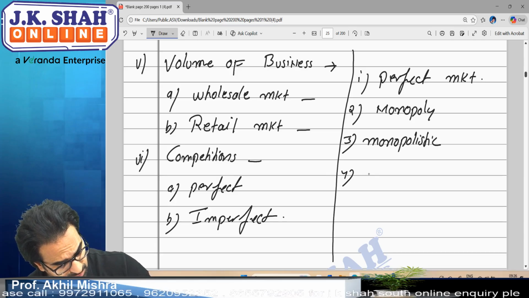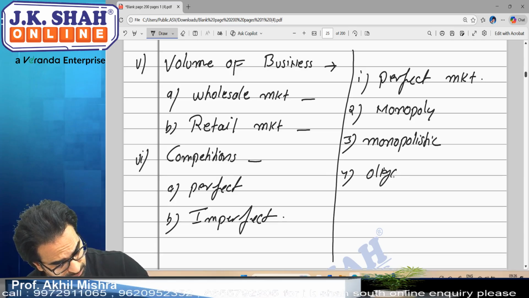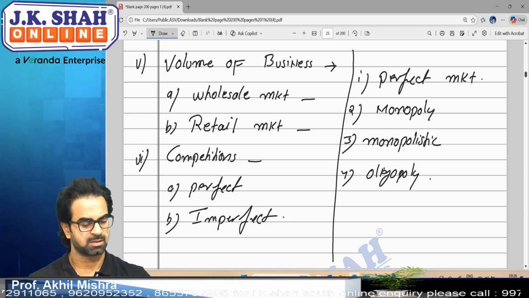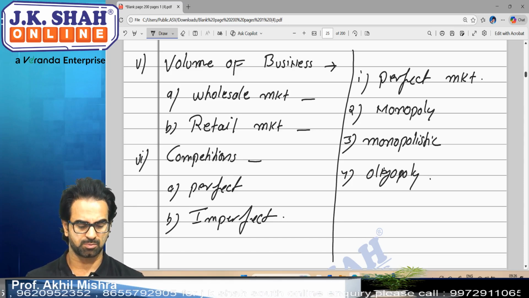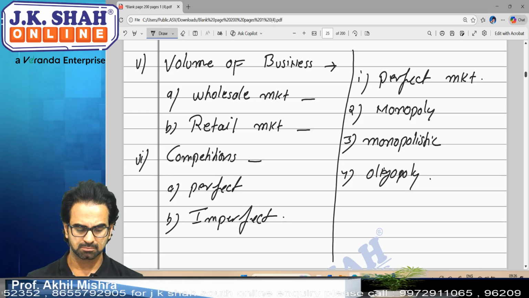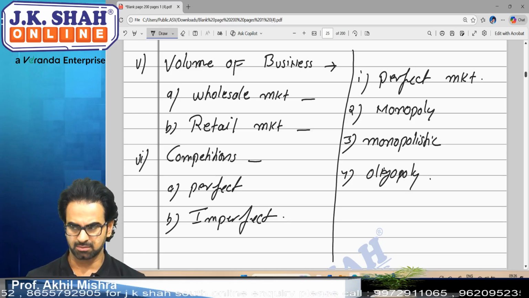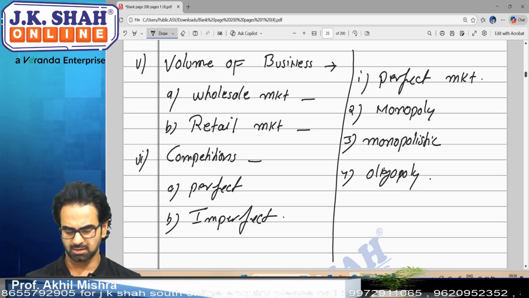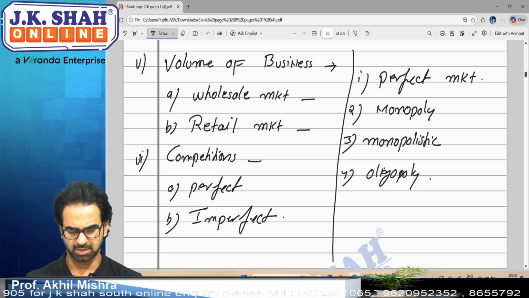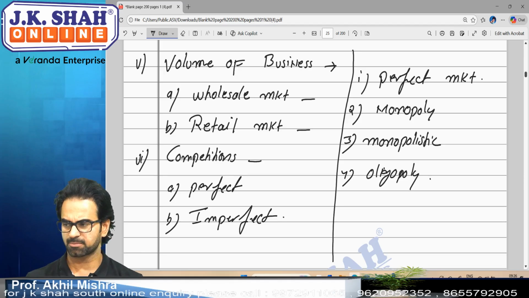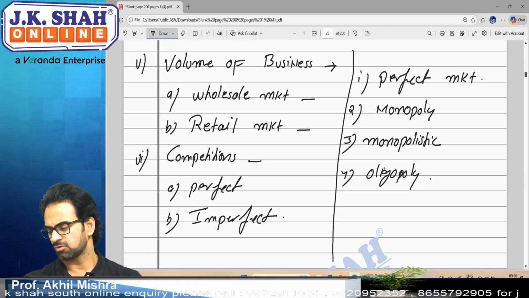Then we have oligopoly. These 4 markets, perfect, monopoly, monopolistic, and oligopoly, we have to do in detail with diagrams, but the other types of market, we don't have to. It's just the meaning.